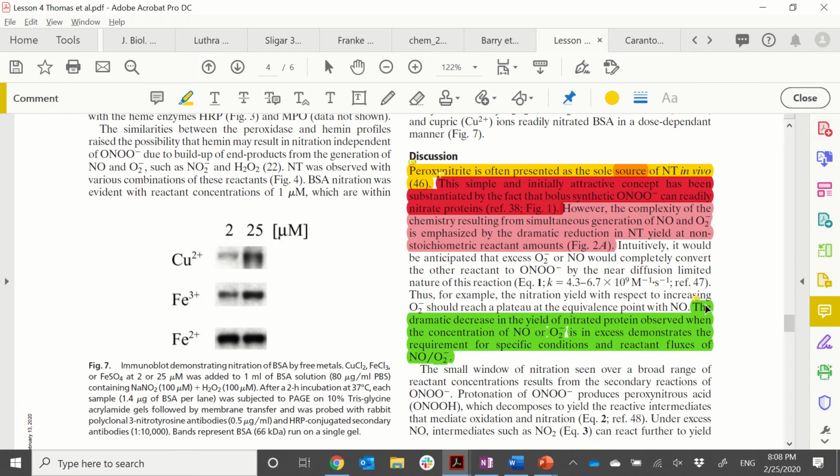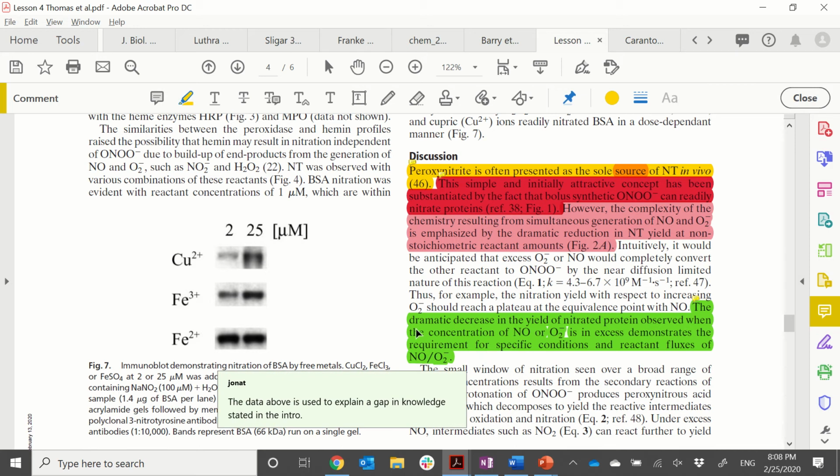And so the interpretation goes on further to echo what was discussed in the intro. So the dramatic decrease in yield of nitrated protein observed when the concentration of NO or superoxide is in excess demonstrates the requirement for specific conditions and reactant fluxes of nitric oxide and superoxide.